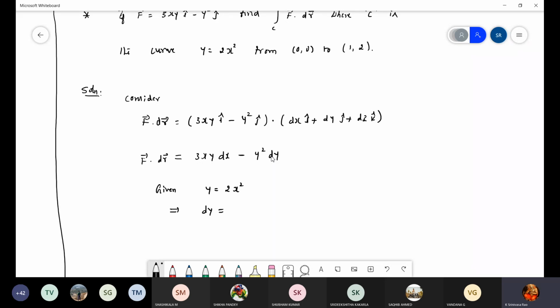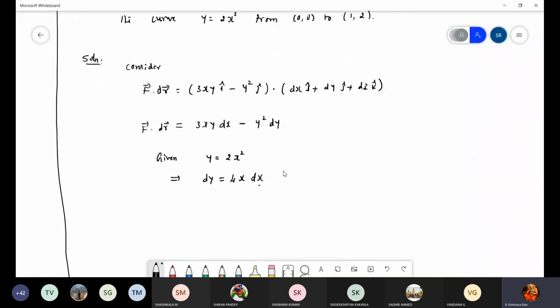Differentiate as it is. 4x. Not only 4x, because I am not differentiating with respect to x. So simply if I take the operator d, dy equals 4x dx. Otherwise, dy by dx and cross multiply dx. So you should write the variable here, dx or dy or dt. Now substitute into the above equation.